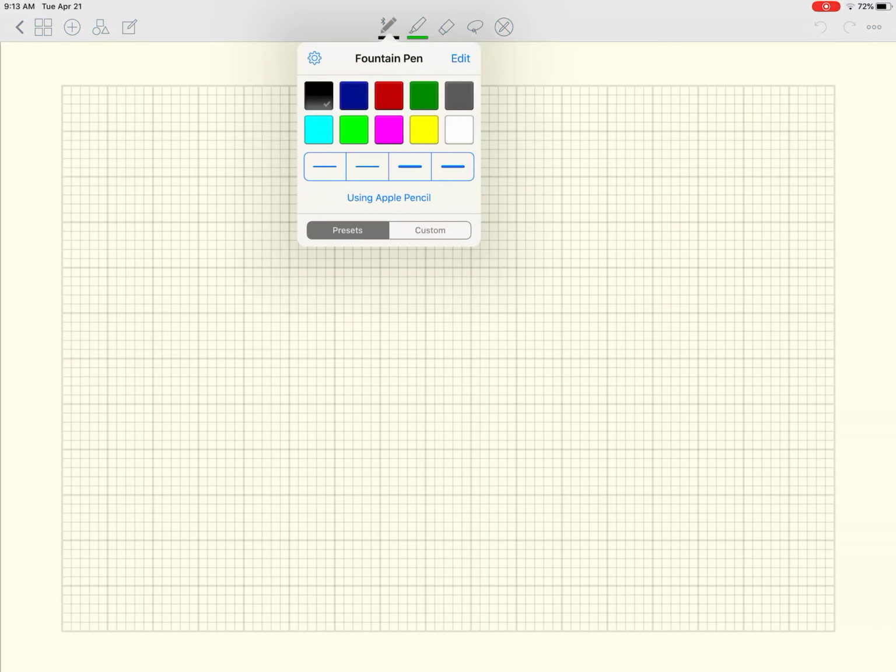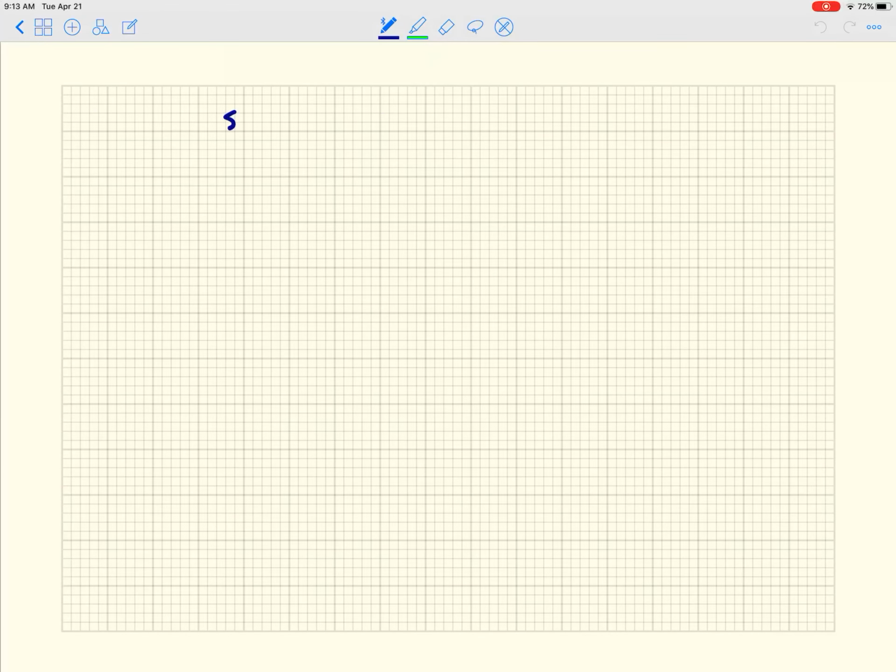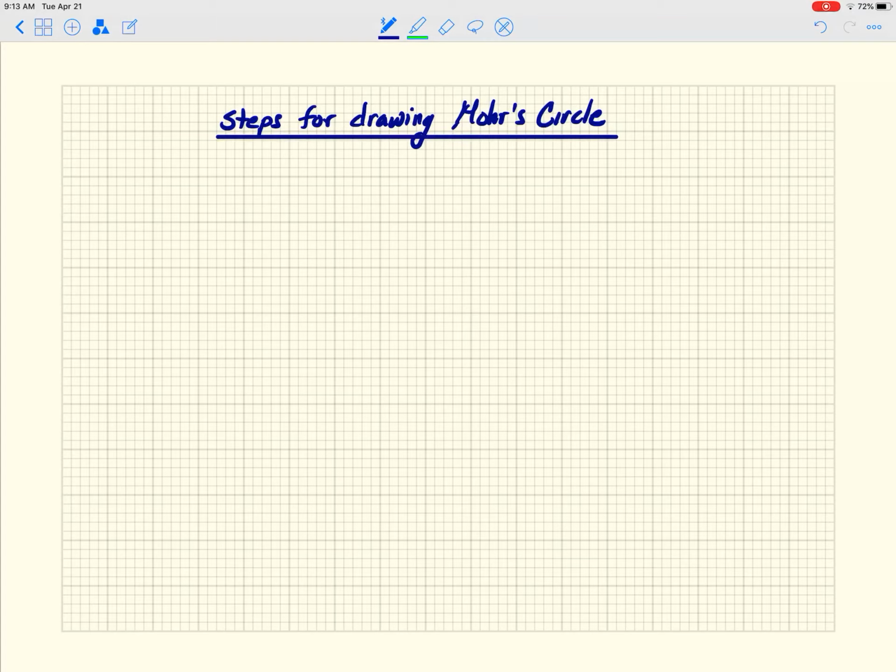Right, so let me summarize this here. I'm going to call it steps for drawing Mohr's circle.